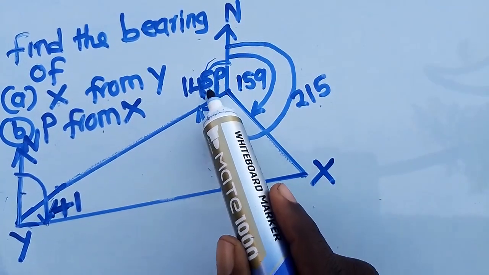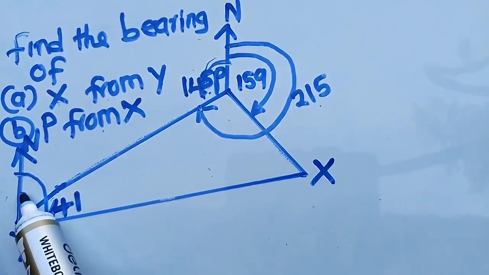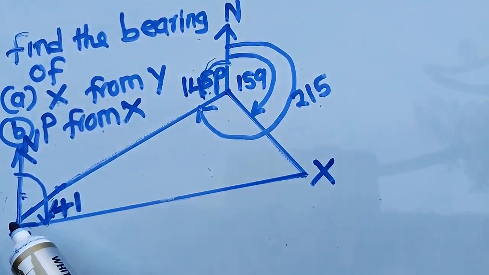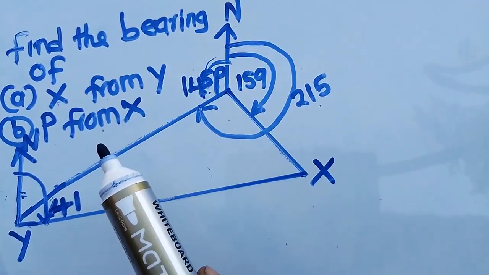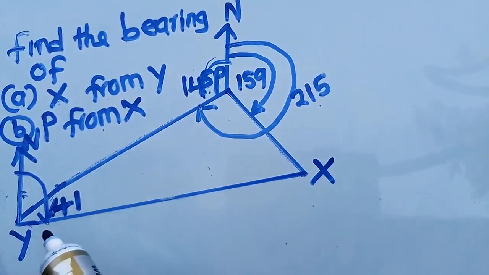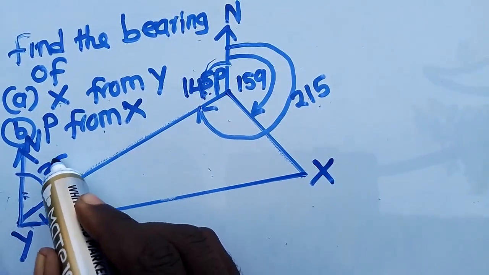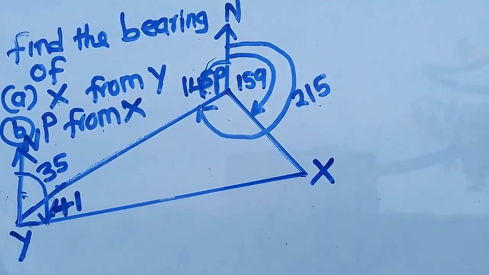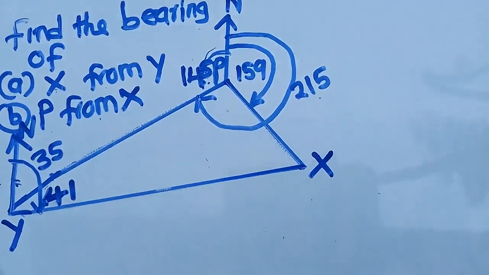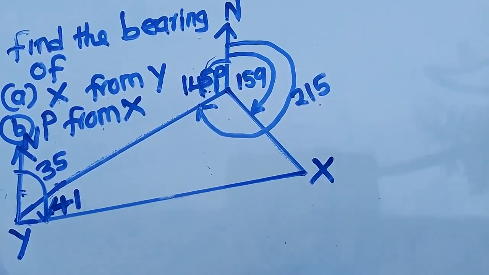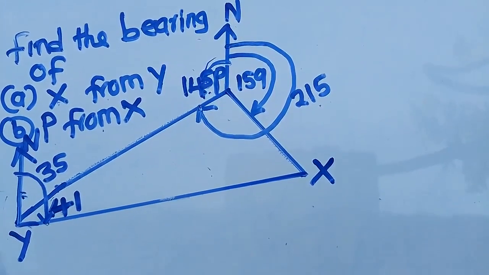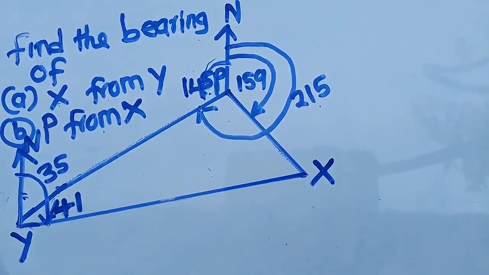So 145 and this one that is here, we need to get 180. How do you go about that? You say 180 minus 145. What is your answer? 35. So I've got a 35 there. That is my answer.